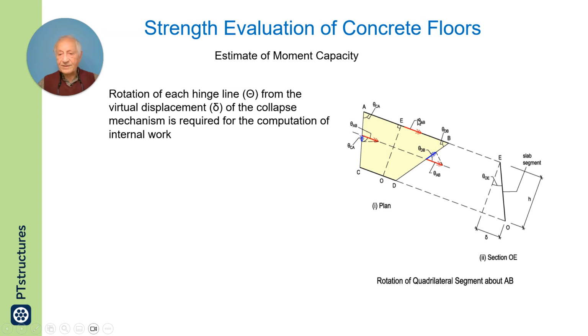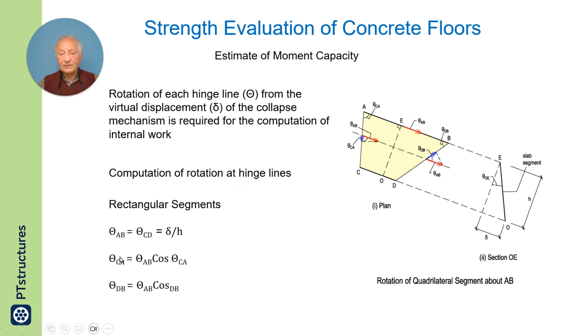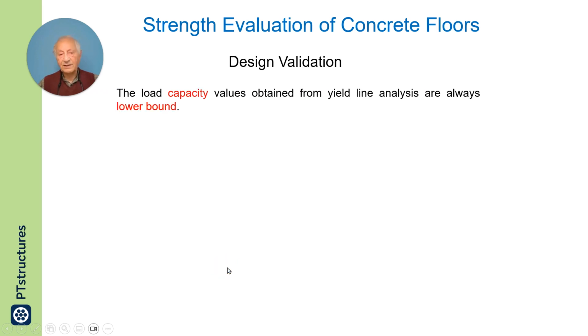Now, this is a trapezoid. Rotation is about here, and downward movement is here. The calculation for the rotation of each of these hinge lines is given in here.